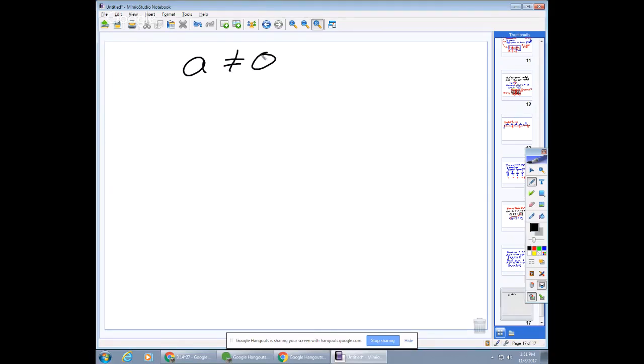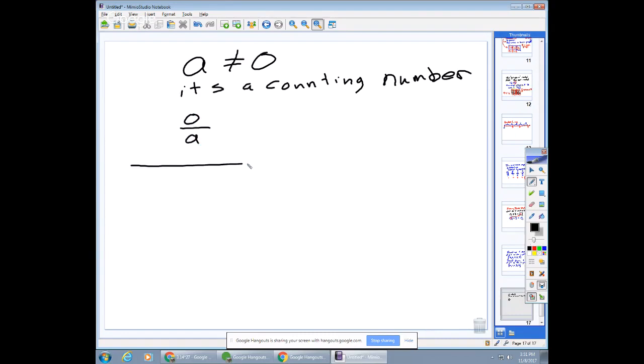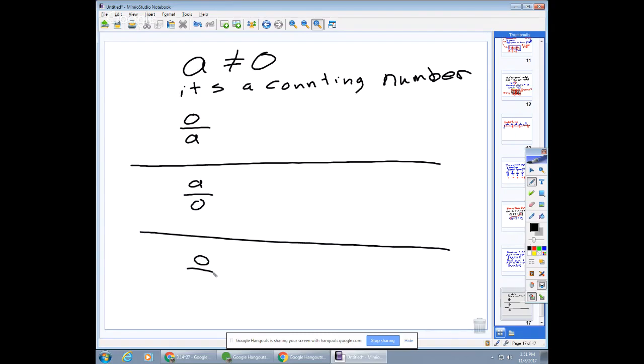So for our purposes, it's a counting number. So it could be 1 or 2 or 3 or 4 or so on. So the 3 cases are 0 divided by some number, some number divided by 0, and 0 divided by 0 is the other case.